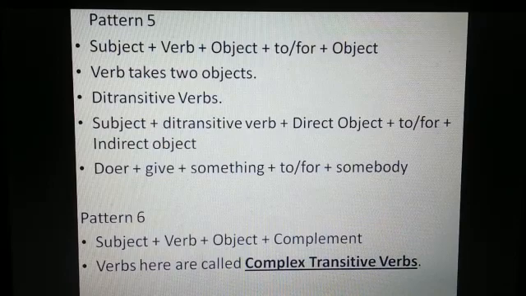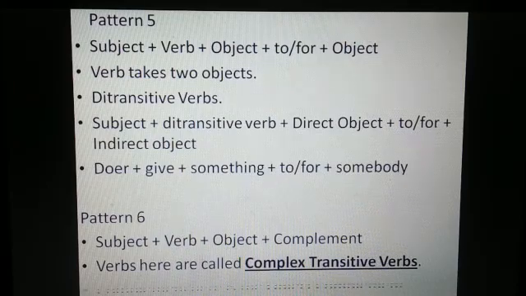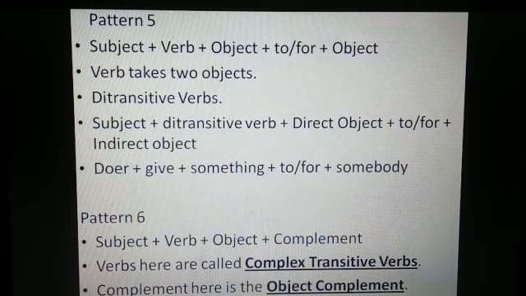Boys and girls, please keep this in mind, that only a few verbs can be used as complex transitive verbs. You cannot use all the transitive verbs here. Complement here is the object complement, because we give the complement to the object, right? The complement says something or describes the object that it follows.